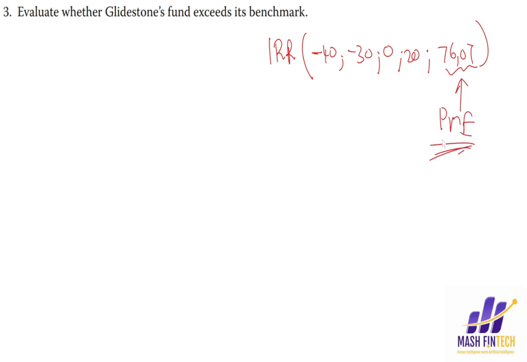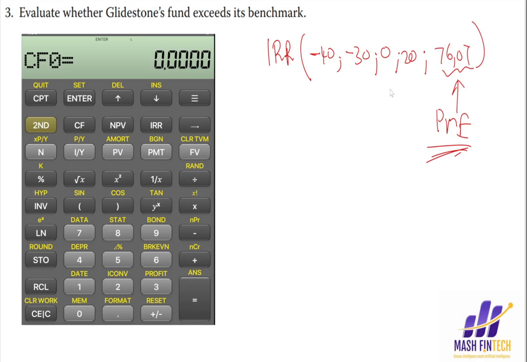So once you do this, you're going to enter this into your financial calculator. I'm sure you guys know how to do this. You should know how to do this. But let me quickly show you here. I usually like to click on cash flows.